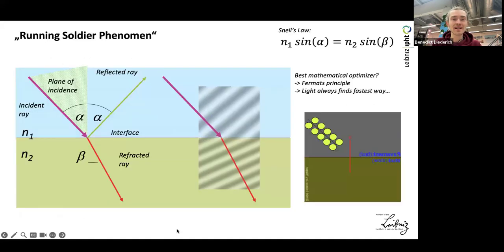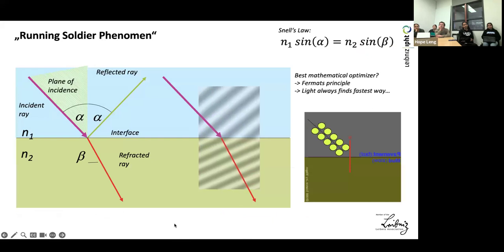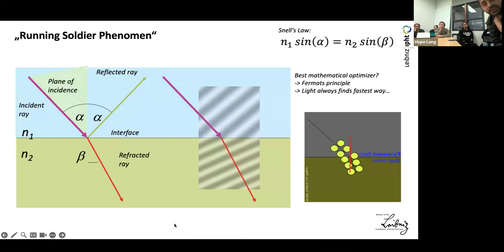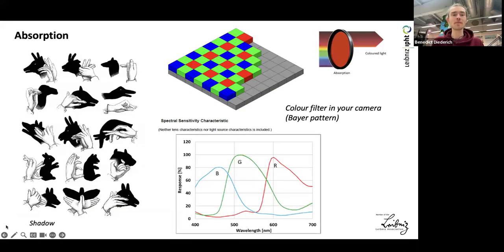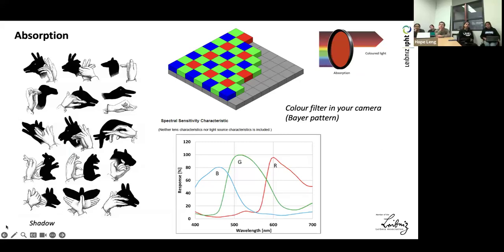So refraction. Benedict, just a quick comment on that. If you go back to that slide, that's called the Bayer pattern. You see, this is all on your phones, on your screens. If you put your cell phone screen under a microscope, you will see a certain class of filter pattern.